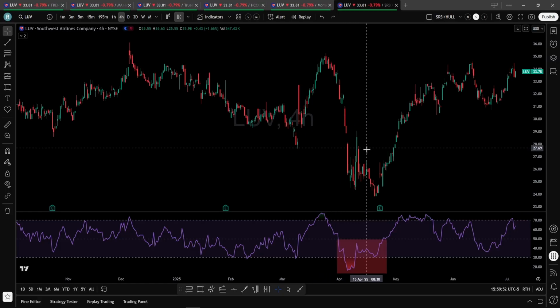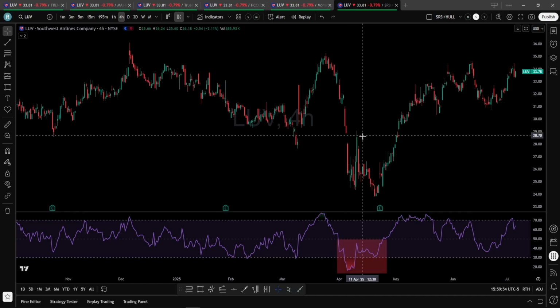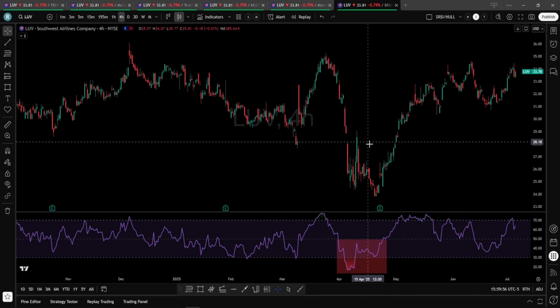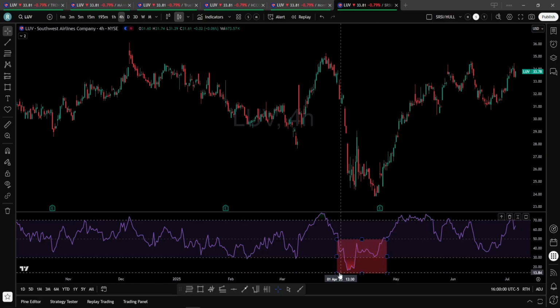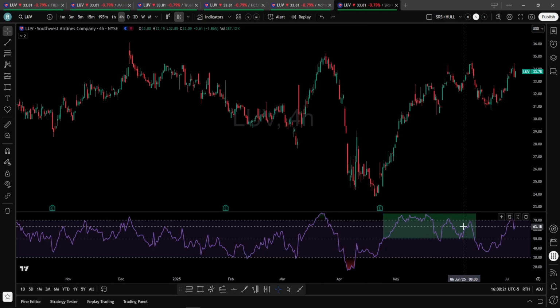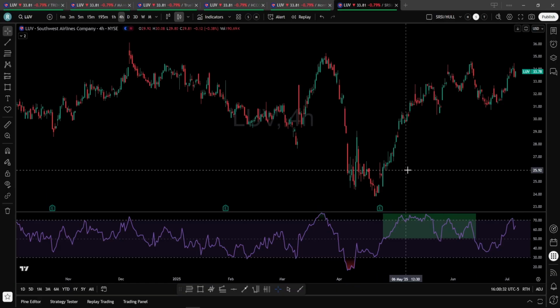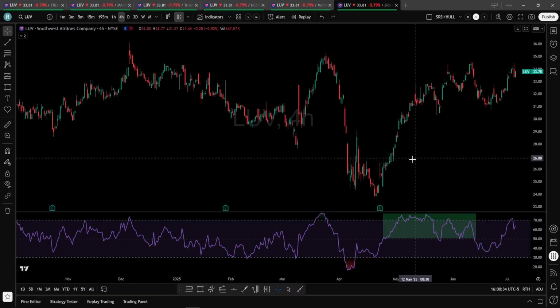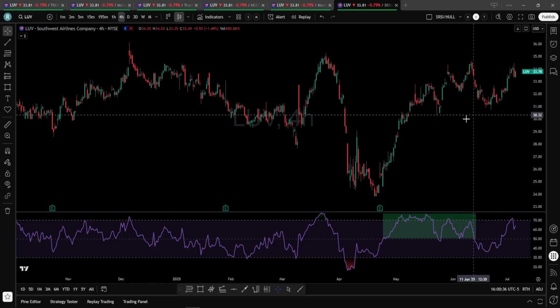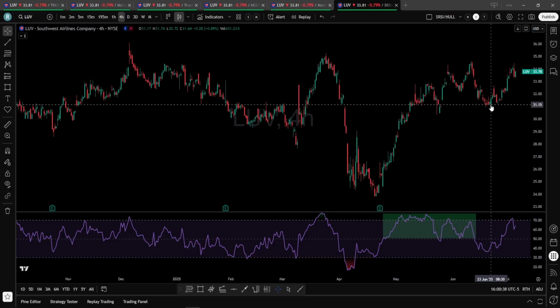And you can see that that is indicating the bears are in control while the RSI is below the 50. Give it the green for bullish. We can see it crossed above the 50 and it stayed up here up until here. And we can see that from here to here, the bulls were definitely in control.